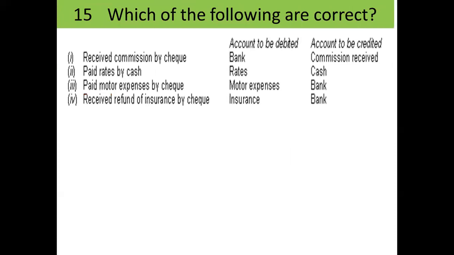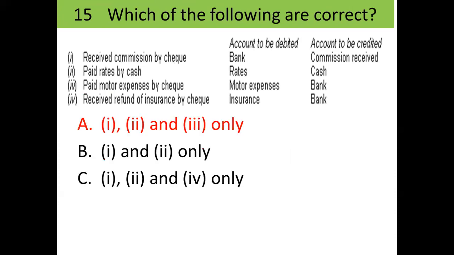Question 15. Which of the following are correct? Received commission by check. If we received commission by check, we debit bank and credit commission received. Yes. Paid rates by cash, we debit rates and credit cash. Yes.